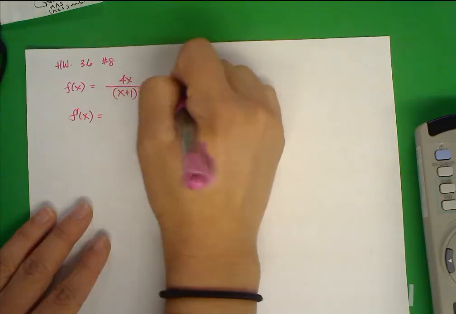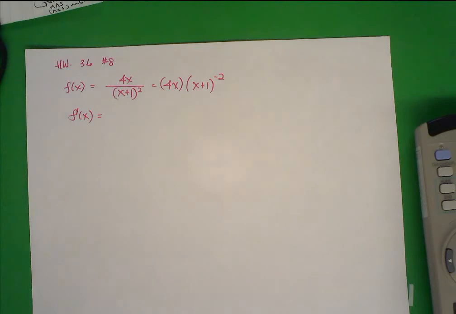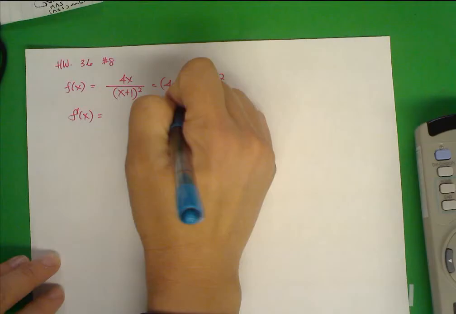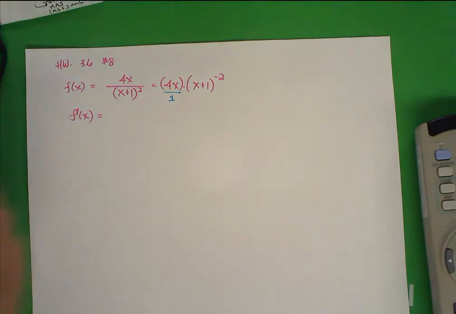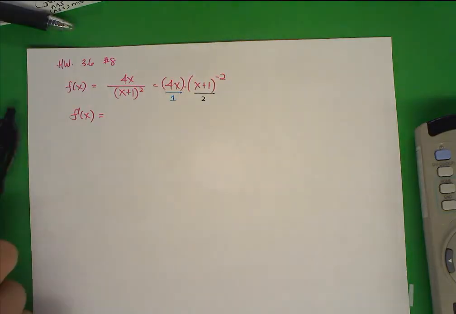I like to think of it as a product rule. So 4x times (x plus 1) to the negative second power. I'm going to do 1 d2 plus 2 d1. The product rule is so much fun.